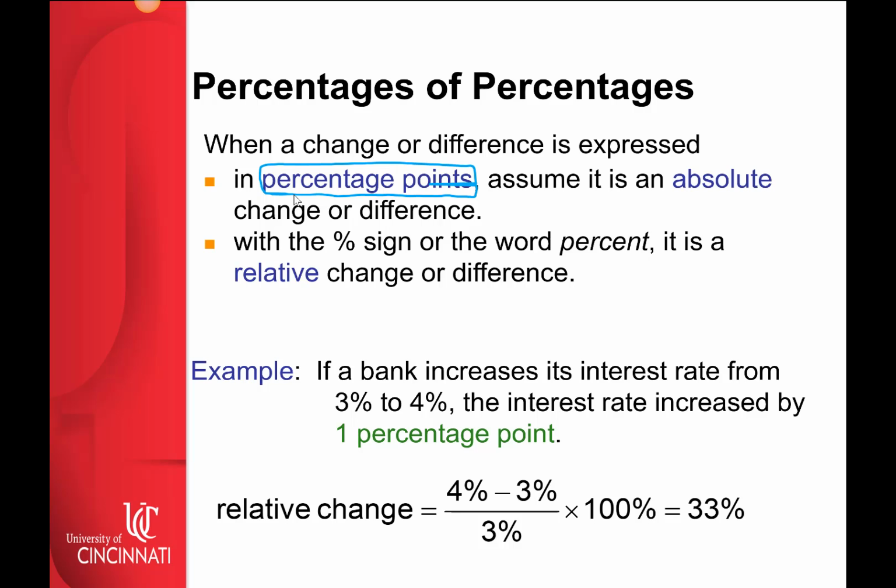A bank increases the interest rate from 3% to 4%. The percentage points talks about how many percent did it increase. It went from 3% to 4%. It went up 1 percentage point. It did not go up 1%.